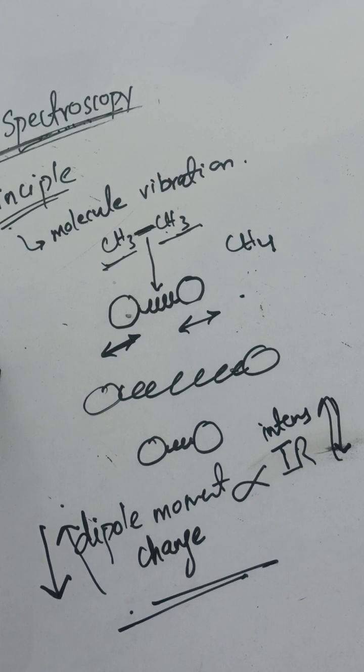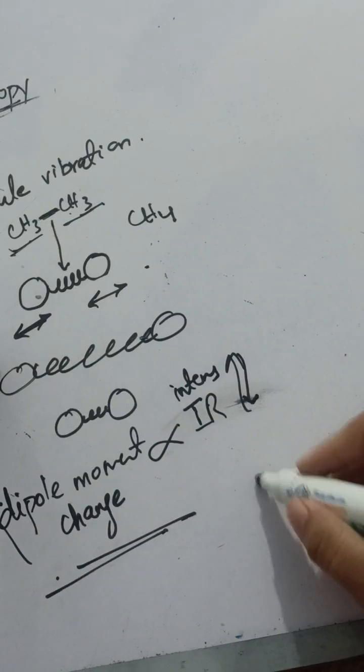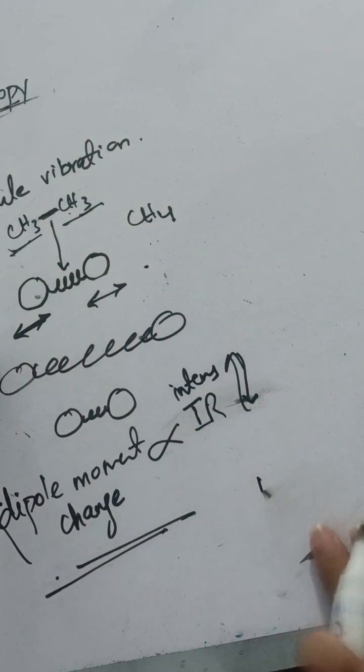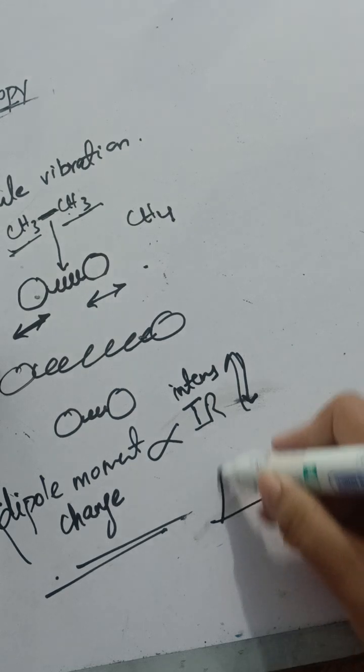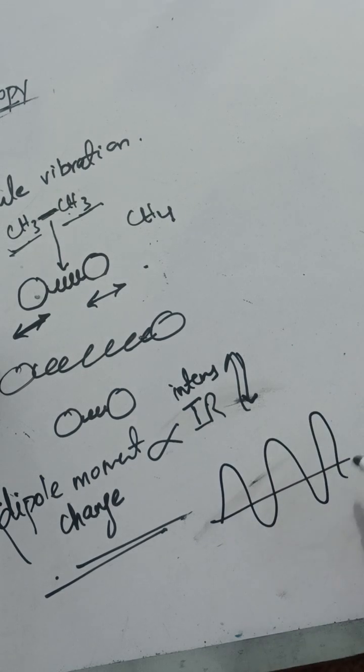Okay, so the vibration of diatomic molecules oscillates the spring, and whenever they oscillate, they produce a couple of waves. Normally their wave should be like this, if they are doing the normal vibration.